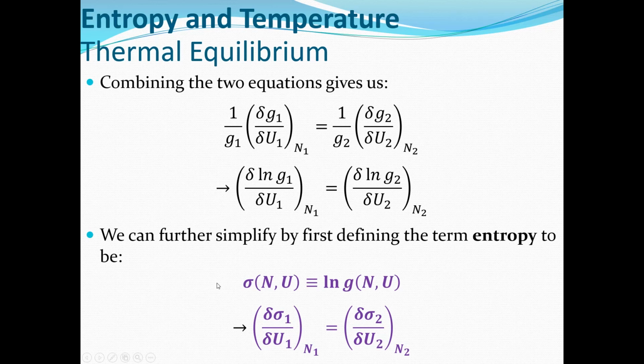So what we end up getting is that for thermal equilibrium to occur, this is going to be true: the partial of the entropy of one system with respect to the energy has to be equal to the partial of the entropy of the second system with respect to the energy. And these symbols here are just saying that the number of molecules in both systems remains the same.